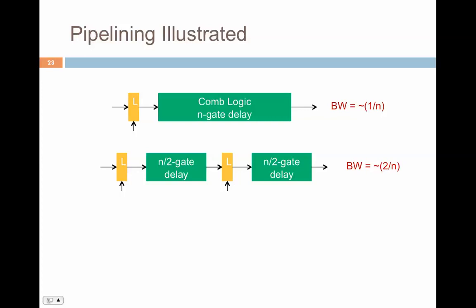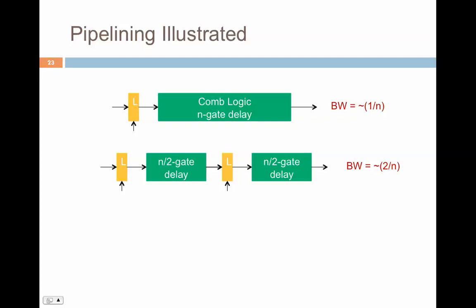The signal would first work on the first n by 2 gate delays, and then at the next clock it will go to the next n by 2 gate delays. If you look at the hardware cost between the two, there's not much of a change. It's the same n gate delay, which is broken into 2. But if you look at the bandwidth now, that is the rate at which things are completing, it is approximately 2 by n. So we have double the bandwidth by breaking it into 2 stages.